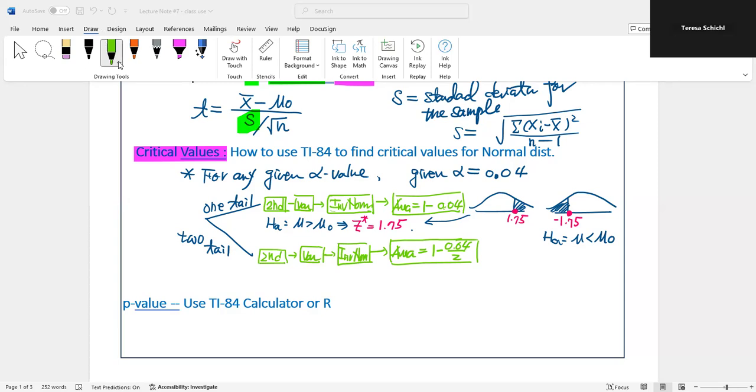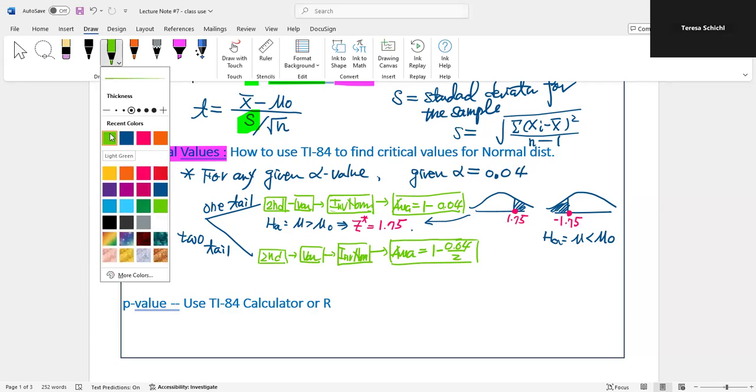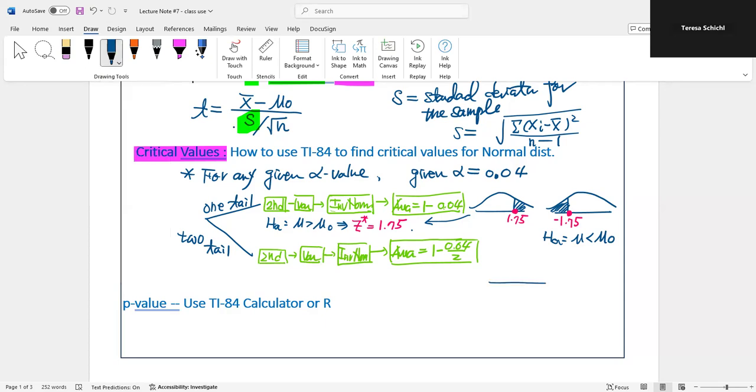What does that mean here? Now, the two-tail test: our HA will be mu is not equal to mu 0, right? So two tails here, that means I have two tails.